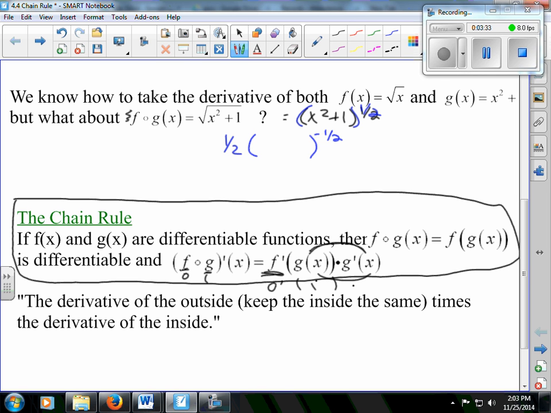Normally, we do that with an x. The derivative of x to the 1/2 is 1/2 x to the negative 1/2. Here, however, I have 1/2, and my inside is x squared plus 1. That will now be to the negative 1/2. So notice that my inside did not change. It is still x squared plus 1. I know x squared plus 1 has a derivative, which is 2x, and you multiply by that at the end. So this would be the derivative of f of g of x.